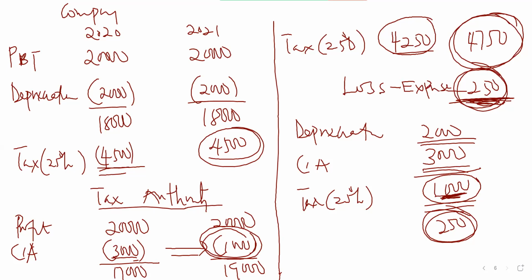What might be causing that? The tax authority might be disallowing some of the items that are not qualified to be allowed for tax purposes, or the company and the tax authority might be treating an item that is allowable for tax purposes, but for different period.